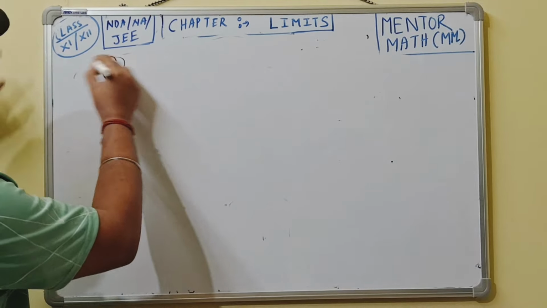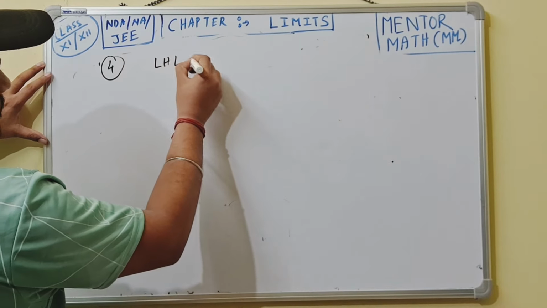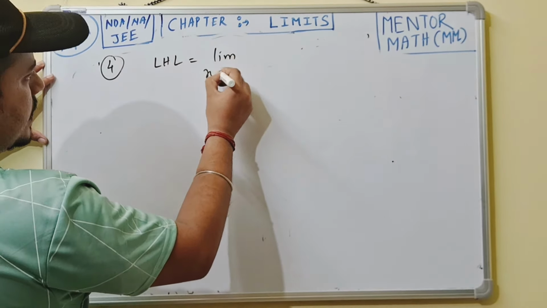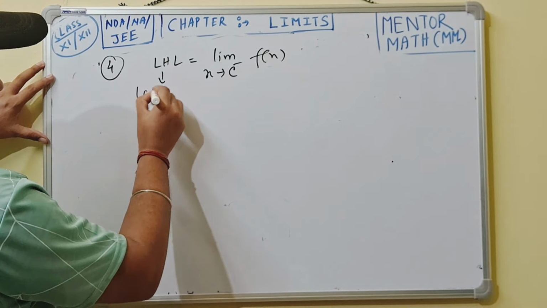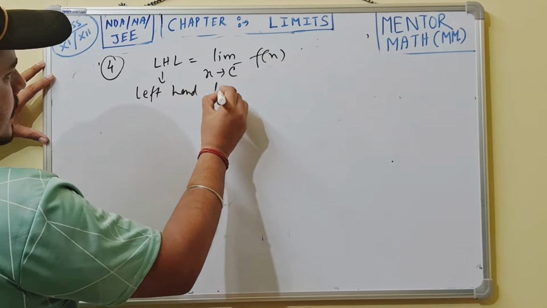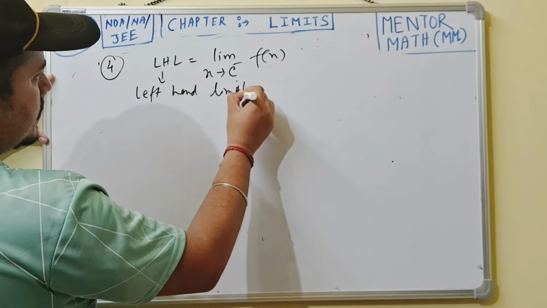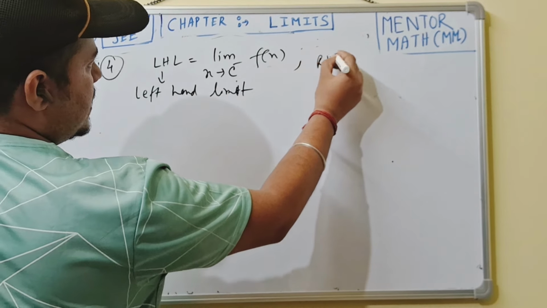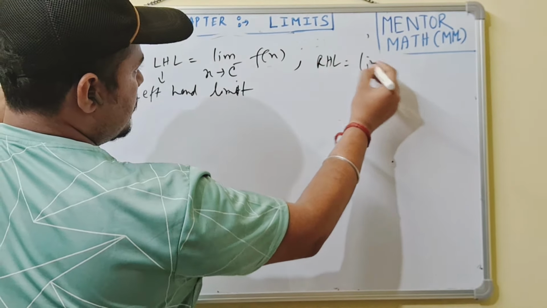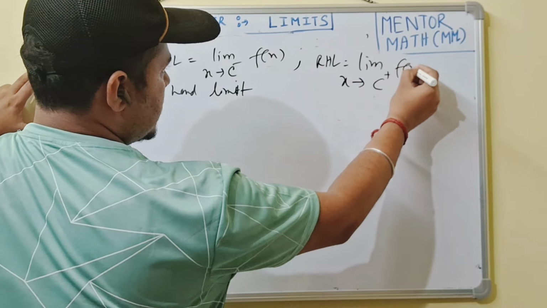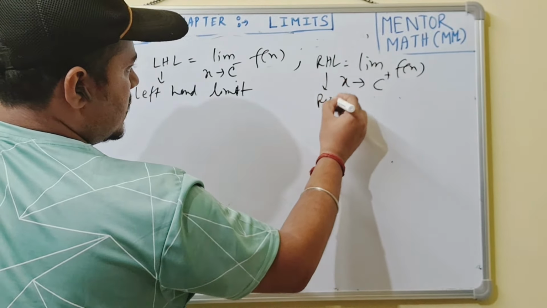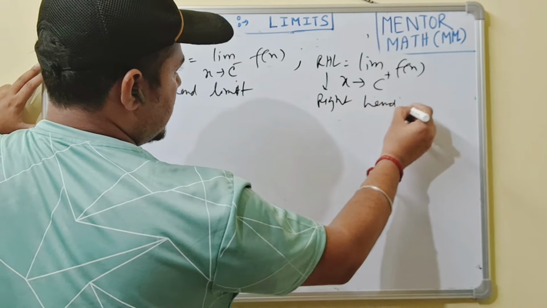Number 4, that is left hand limit, you can write like that way, x tends to c negative f(x), that is called left hand limit. Also right hand limit you can write like that way, limit x approaches c plus f(x), that is your right hand limit.